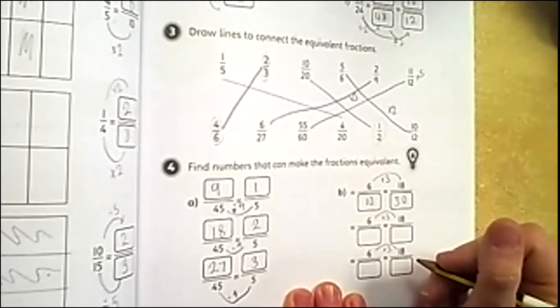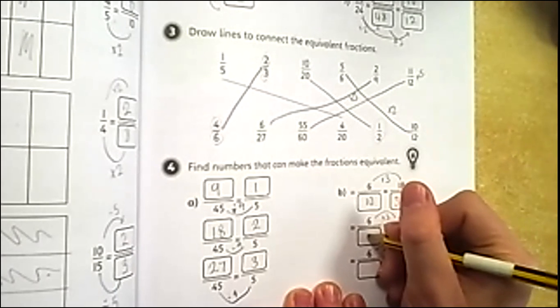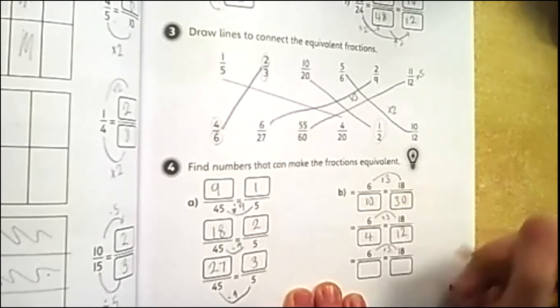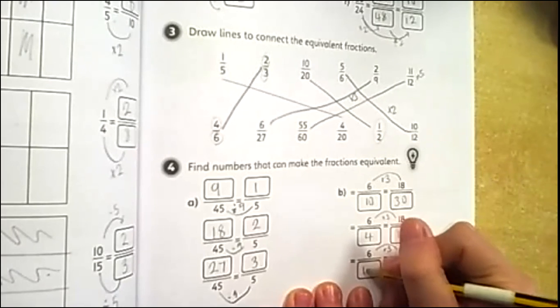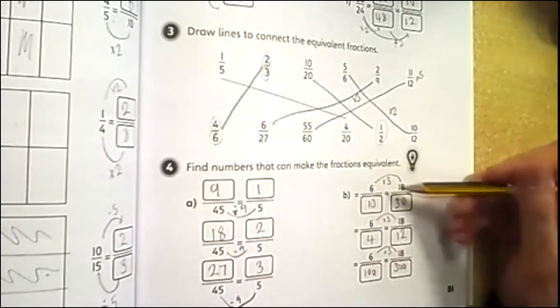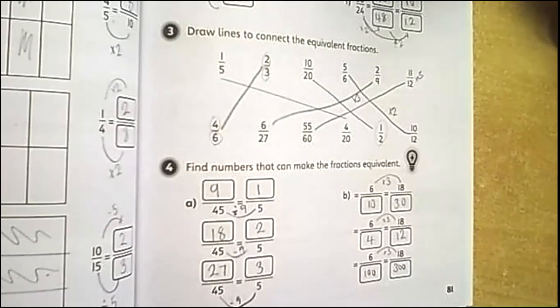If I had 6, I'm just coming up with any number, I could have 6 quarters. Times it by 2, it'd be 18/12. If I had 6 100ths, times it by 3, it'd be 18/300. Okay? You could have done anything as long as you did the same thing to the denominator as you've done to your numerator. It can give you the right answer.